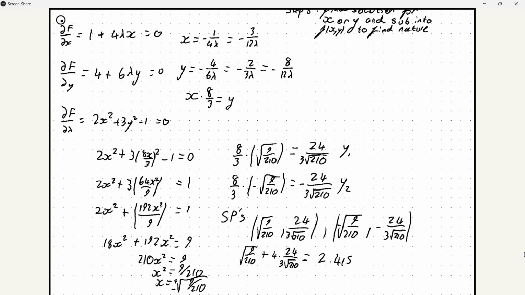But it's a positive number. Here we have, however, a negative number. Sorry, this is going to be a negative as well. So we'll just get the negative of the answer above. So this is going to be a maximum point, and this is going to be a minimum point.